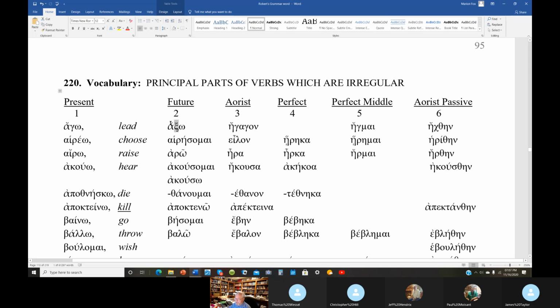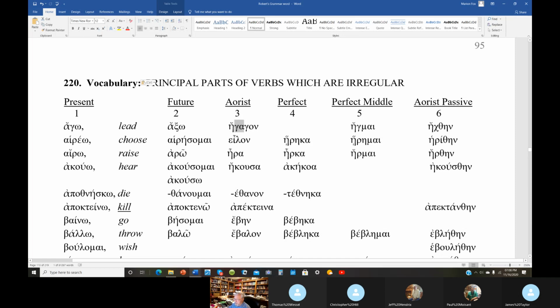So it becomes irregular. And that's strictly irregular because of the blending of the two letters, and you can't put those two letters in there. You can't put a gamma and a sigma together and pronounce them. It's a euphonics problem.